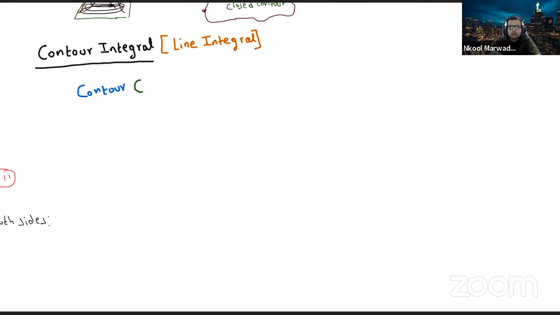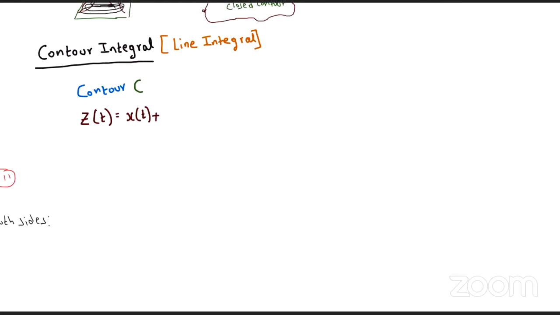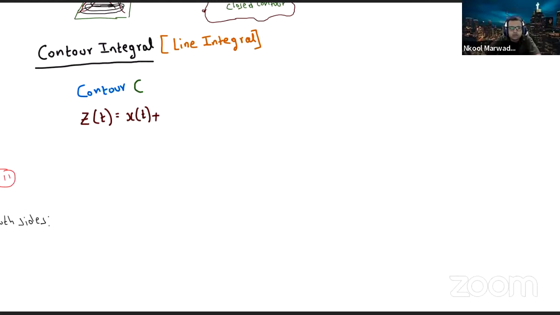And let us suppose the function is something like this: z(t) is equal to x(t) plus i y(t).